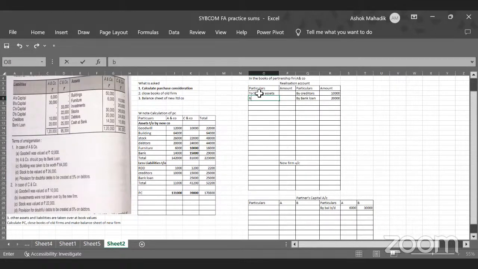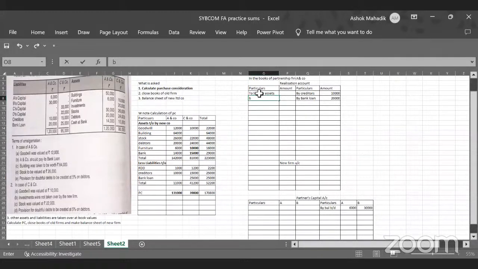While calculating PC, we took all the new values wherever possible, and for remaining, we took book values. But in case of closing of books of account of old firms, that is when we are making realization account, partners capital account, new firm account, always stick to old values, book values.